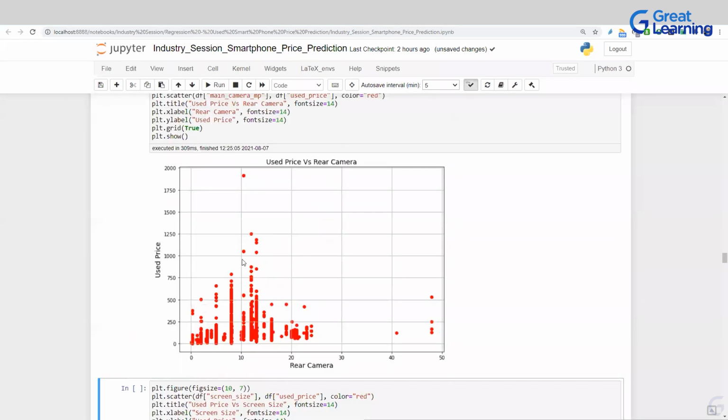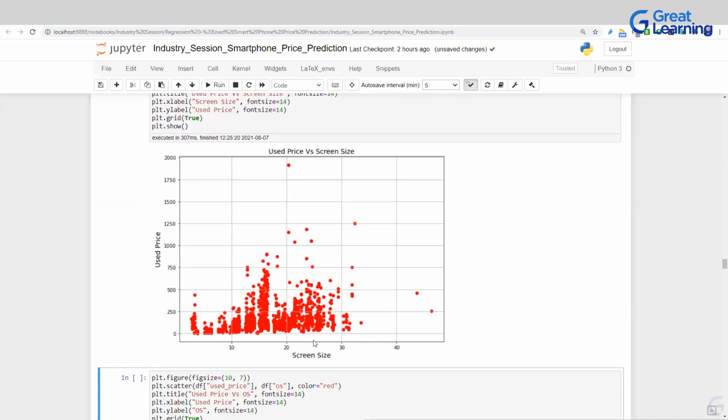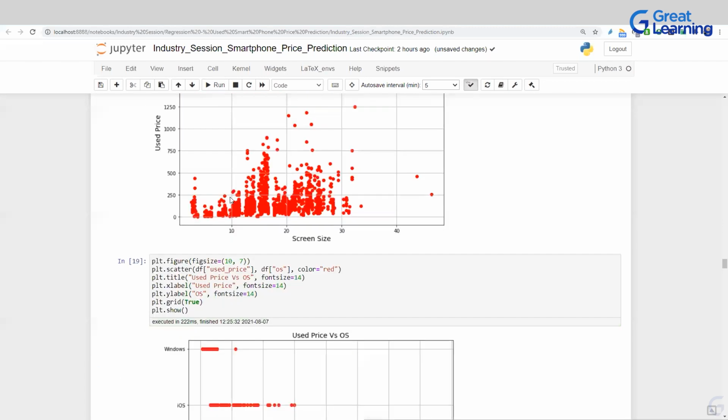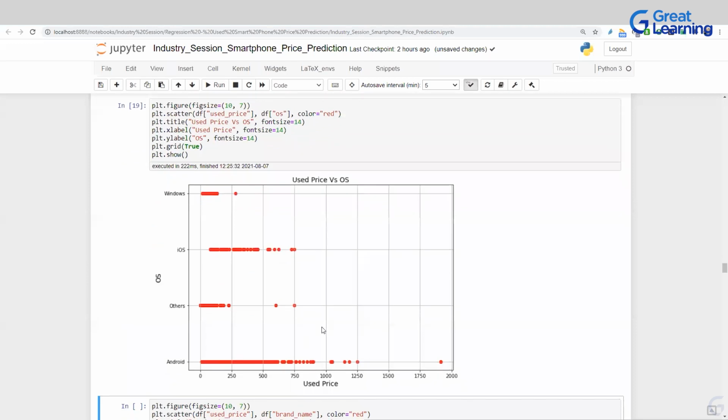With respect to the rear camera, the main camera, we see some relationship. So the price is more when the rear camera has a higher capacity or a higher resolution. With respect to the screen size, again, we see some positive relationship going on, where the screen size is increasing, the price is also increasing, right? Some bit of relationship. And finally, the operating system.